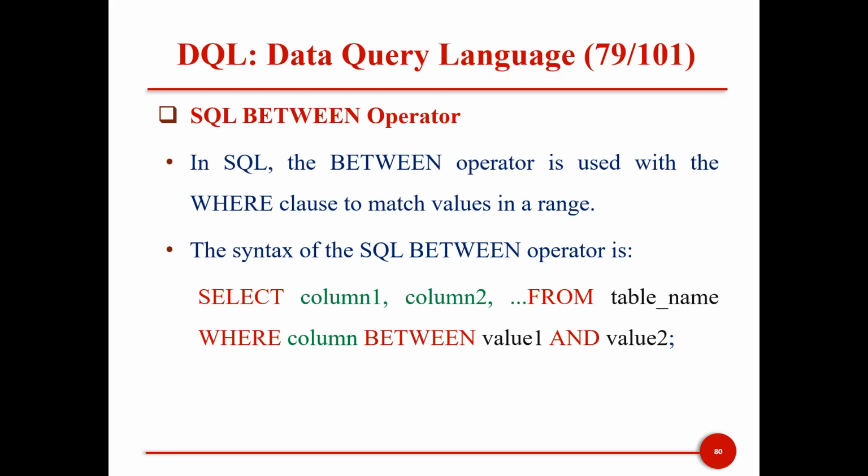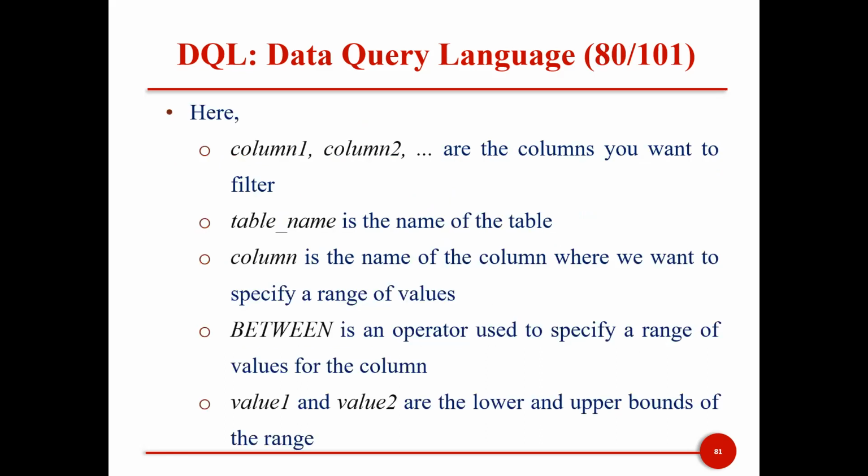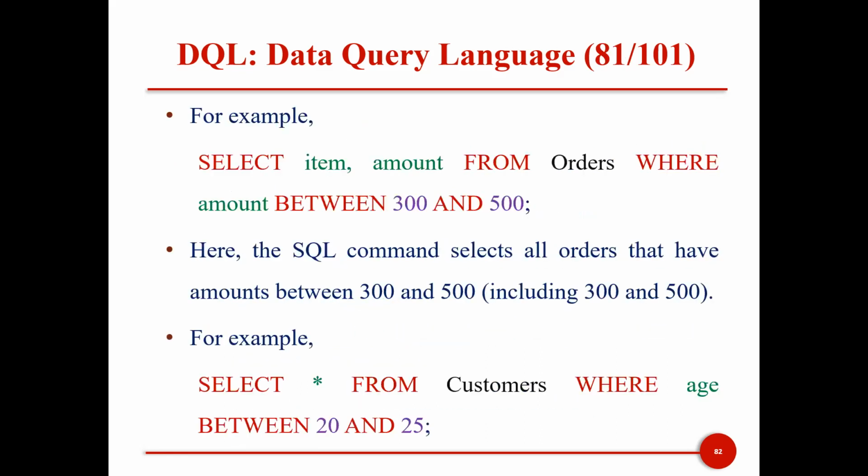Then the syntax is you use SELECT columns FROM table WHERE the column is BETWEEN, then you specify the values. For example, we have SELECT item name, amount FROM orders WHERE the amount is BETWEEN maybe 300 AND 500.